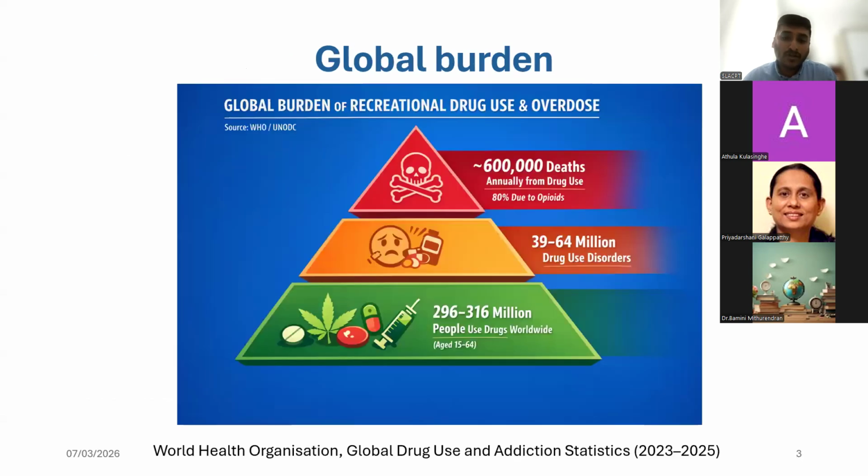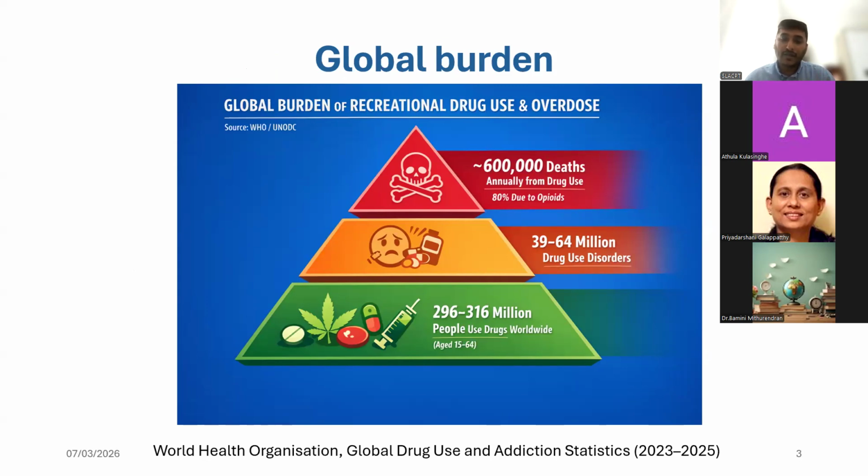If you look at the global burden, this is from the World Health Organization global statistics from 2023 to 2025. People who use recreational drugs worldwide number around 296 to 316 million of the age category 15 to 64 years.